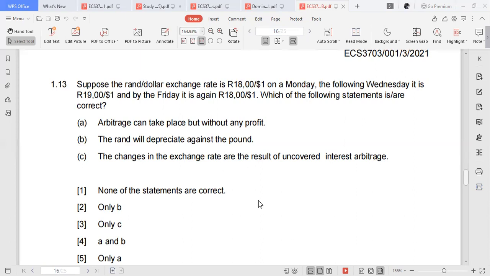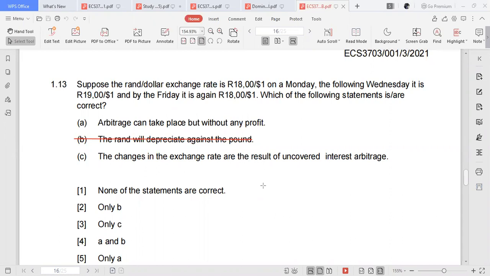By trial and error, B is irrelevant because we're not talking about the pound. We're talking about the US dollar, so that's gone. There is no pound here. Now it becomes a bit tricky with A and C. A, I do like, because arbitrage can take place without any profit: we started at 18, it depreciated to 19, and then appreciated back to 18 within a week.